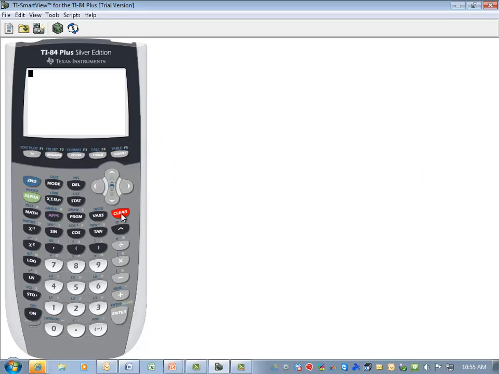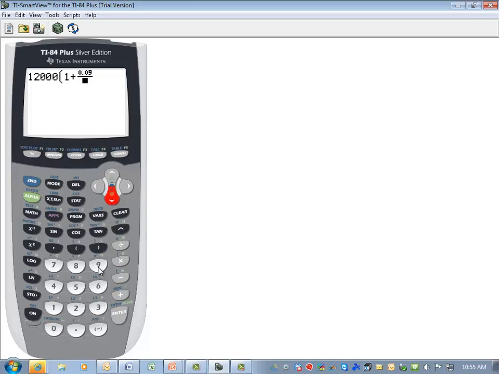Okay, so part A, when I type this in, I want to be very careful. I'm going to say 12,000 times 1 plus, and I'm going to use alpha y equals to give me a fraction. Remember, my numerator is the percent as a decimal.